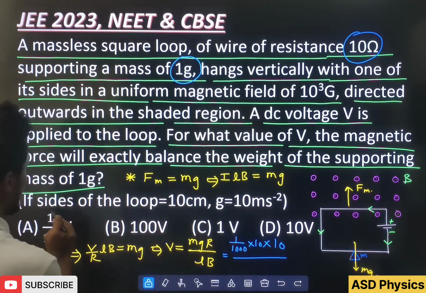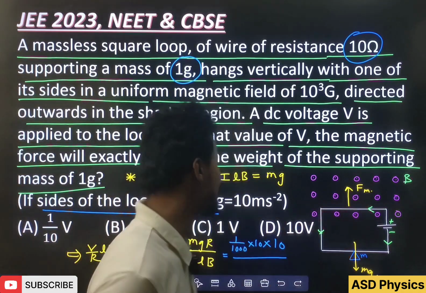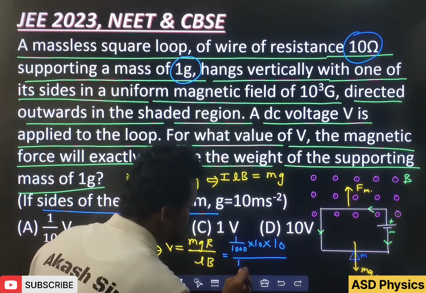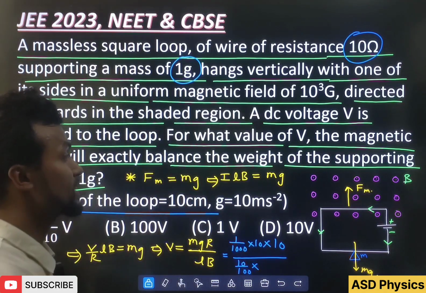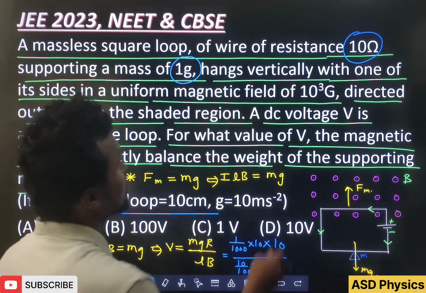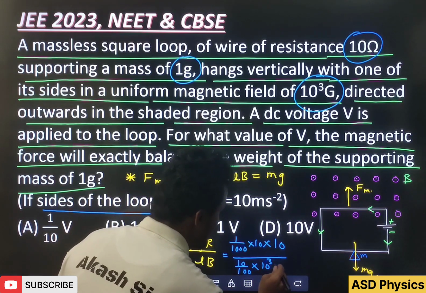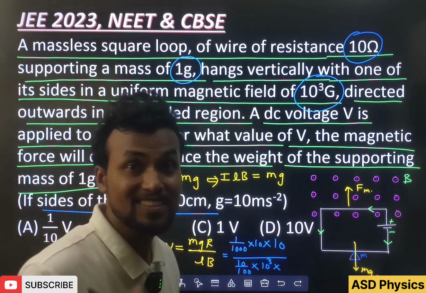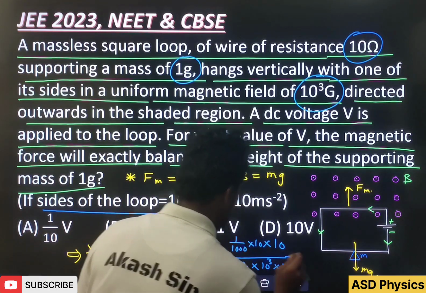The side of the loop is 10 centimeter, so that is 10 by 100, multiplied by the magnetic field B. The magnetic field is 10 to the power 3 Gauss. One Gauss is 10 to the power minus 4 Tesla.